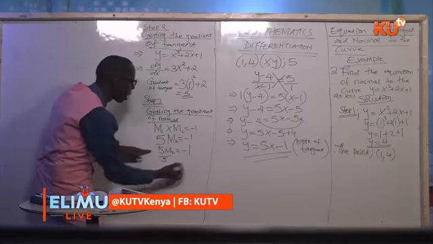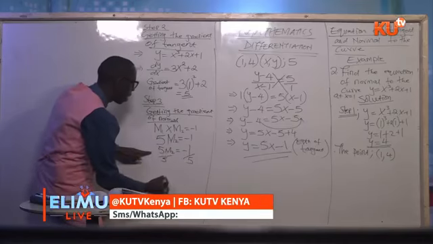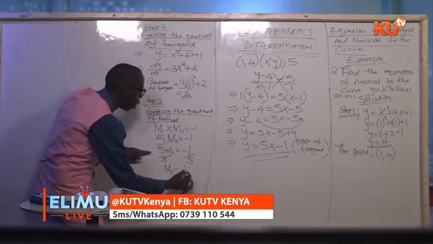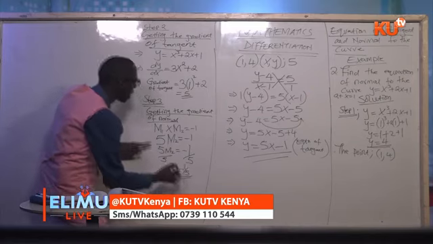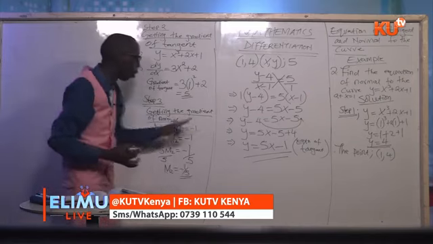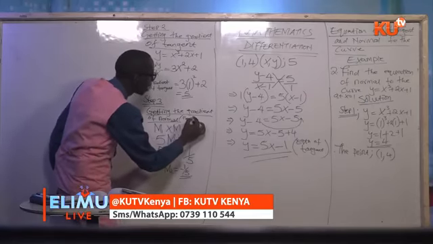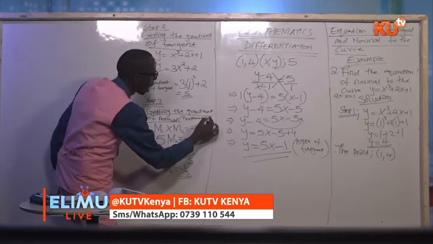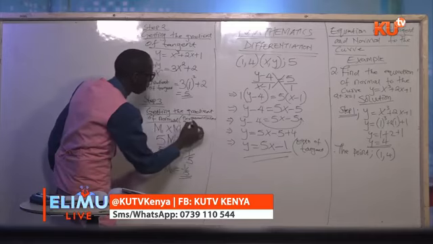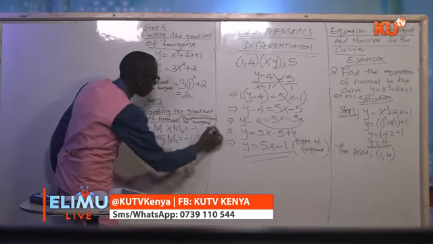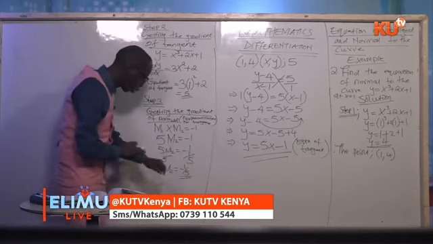Divide both sides by 5, m2 is equal to -1 over 5. That is the gradient of the normal, which is perpendicular to the tangent.